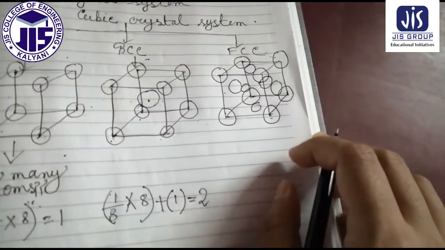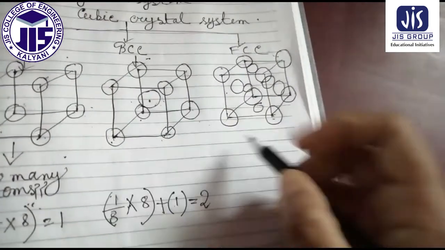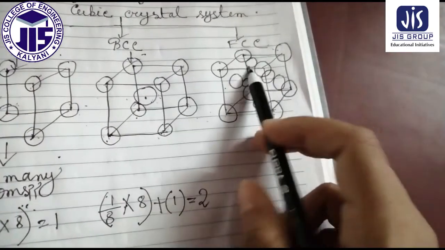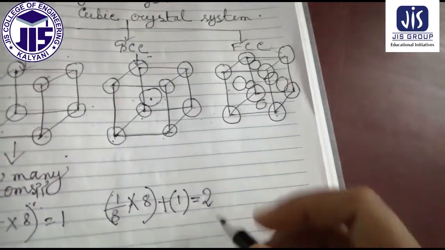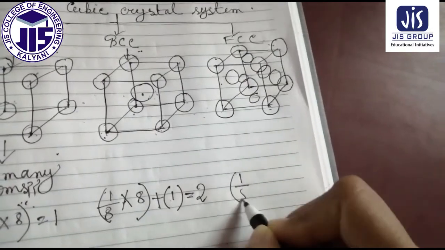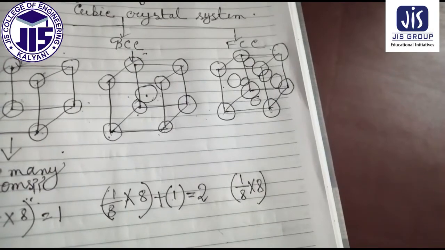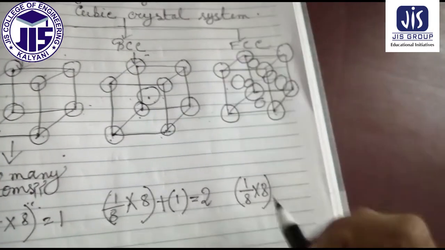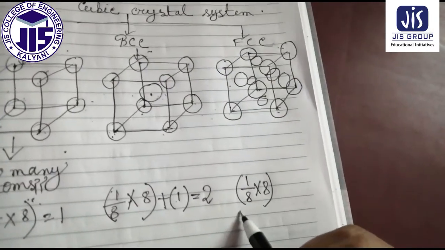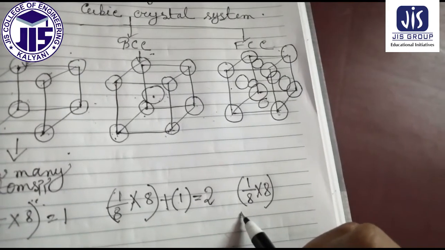But in case of FCC, the corner contribution will remain the same. That is 1/8 into 8. From the corner contribution, ultimately we are getting only 1 atom.